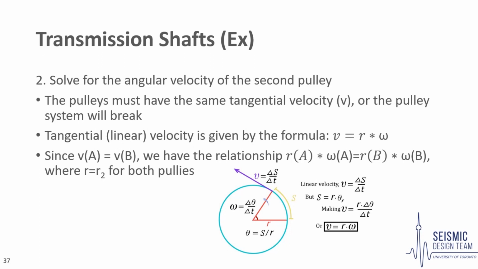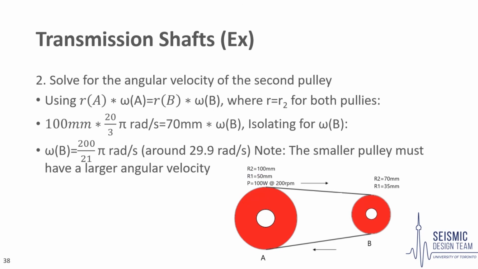The radius we are using is the outer radius, R2, as seen in our previous figure of the problem. Solving for the angular velocity of pulley B through isolating from the equation gives an angular velocity of 29.9 radians per second. As a general note, a smaller pulley must have a larger angular velocity to compensate for its smaller radius.